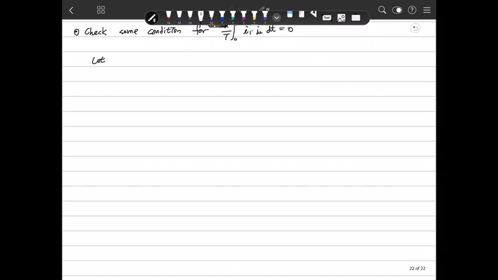Let the expression of I1 be the magnitude of I1 times cosine of m omega t plus phi, and I2 is I2 cosine, and in a more general expression of the frequency, n omega t plus theta.